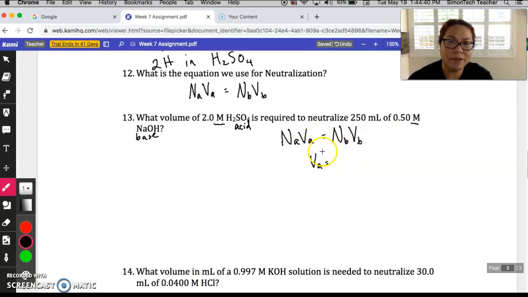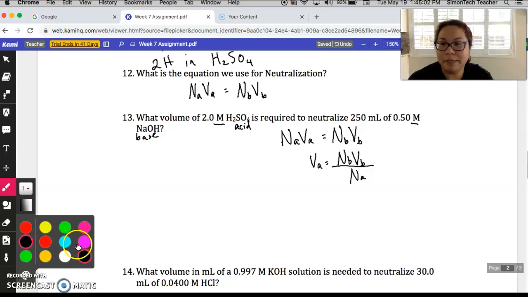Let's isolate the volume of the acid, make that equal to the normality of the base times the volume of the base divided by the normality of the acid. So you just need to figure out the values for each of these variables, plug them in, and you will get the volume of the acid. But we have to do a lot of preparations for that before we move on.